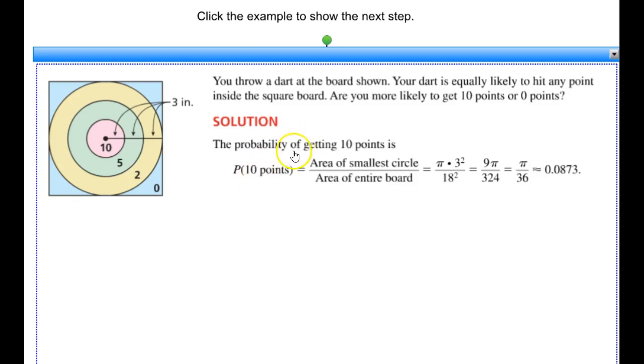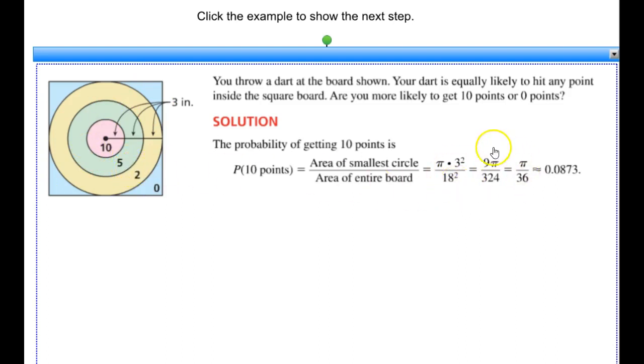Okay, so the probability of getting this 10 is going to be the area of the smallest circle divided by the area of the entire board, right? Because the area of the entire board is my total outcomes, and I'm just looking at the outcomes in my 10. So I know it's going to be pi times 3 squared, right, because the radius of my little circle was 3, equals 9 pi, and I know that this square is 18 because 3, 6, 9, and so I can find the area of my entire square.